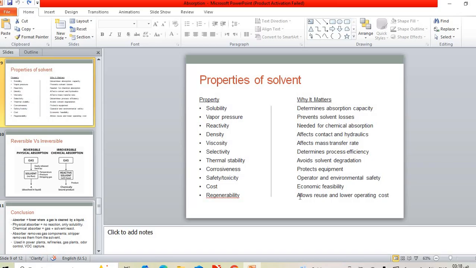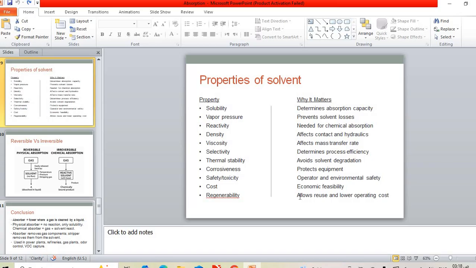And of course, you have to care about safety and toxicity. Cost should be economic: you can afford to buy this equipment and this solvent, so you can use it for a long run.